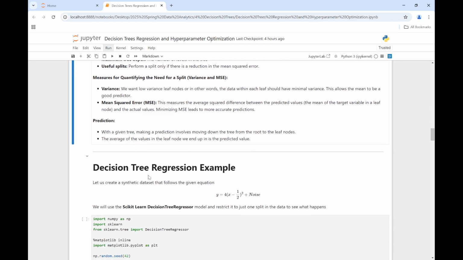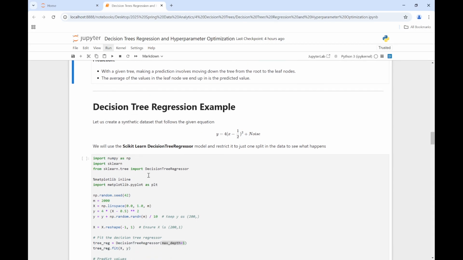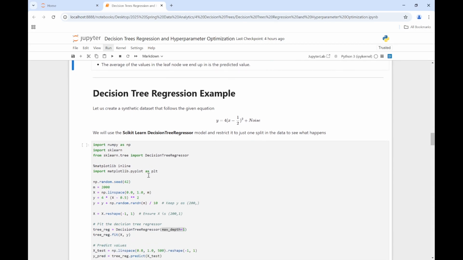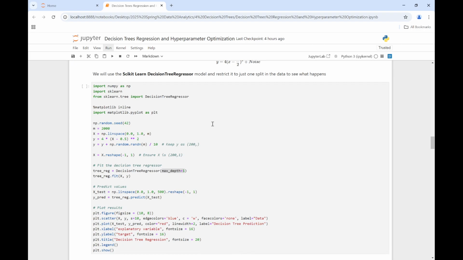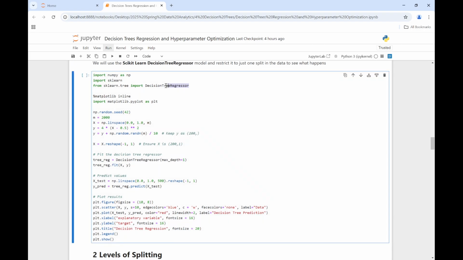So let's look at a very simple synthetic example of decision tree regression using the sklearn model decision tree regressor. I'm going to attempt to fit a data set that's specified by this quadratic equation with some noise in it. And I'm going to be using the sklearn model called decision tree regressor, but specifically I'm going to be restricting this to one level of splits.